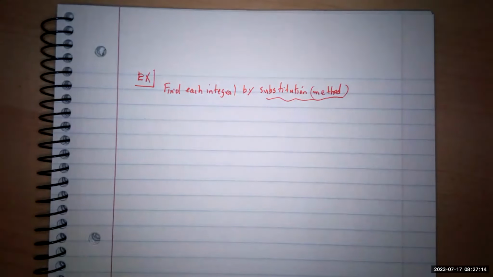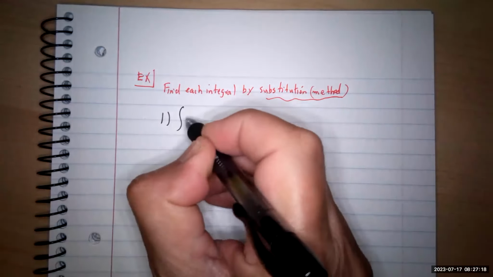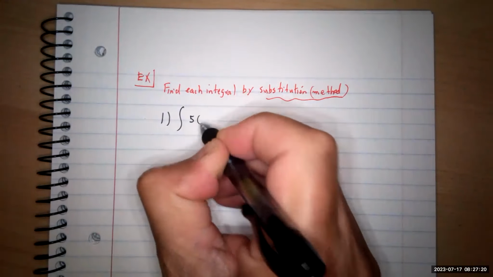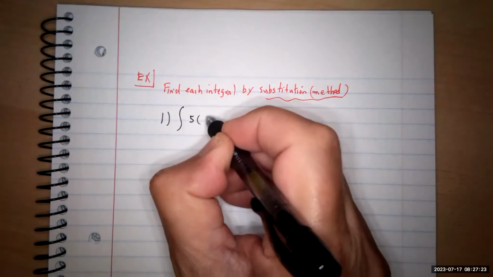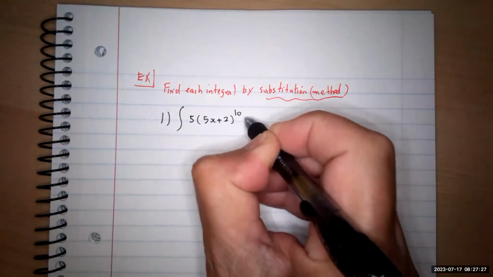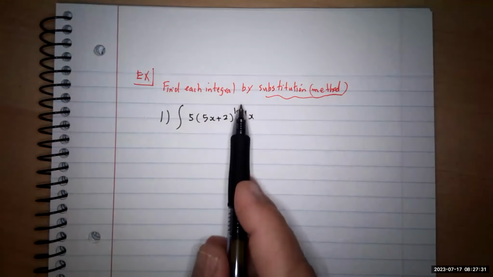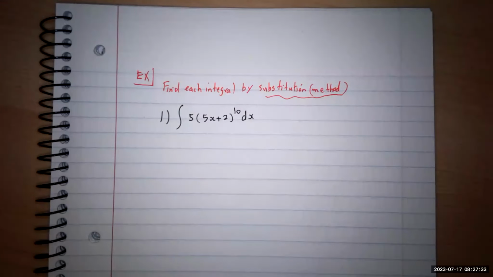There you are. Type 1. Integral of 5 times (5x plus 2) to the 10 dx. As soon as you see a parenthesis raised to something, it must be done by u substitution.